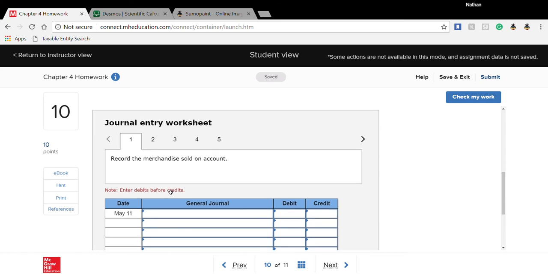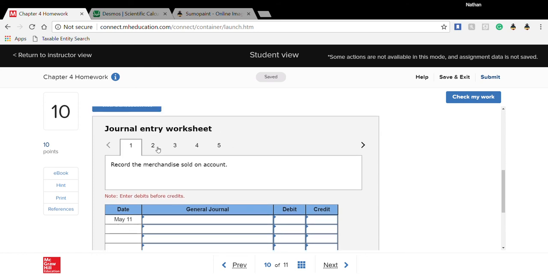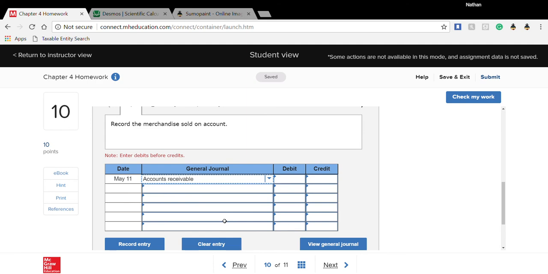So first off, they have 5 accounts. This one says record the cost of goods sold, record the sales return, cost of sales return. So Connect likes to split up the journal entries because there are 2 journal entries involved with each one. So starting off, we're recording the sale. Again, we're going to expect to receive cash.